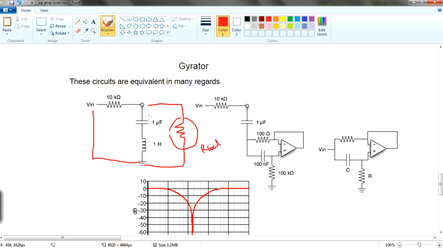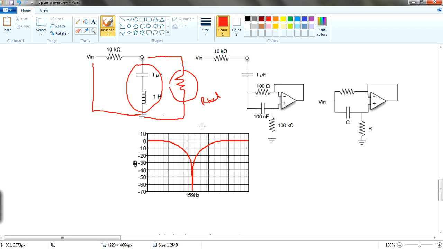Why? This is a series capacitor and inductor, right? And then if you put it in series with parallel, you're going to have a notch filter. This is why he puts the notch filter over here. This is a notch filter configuration.